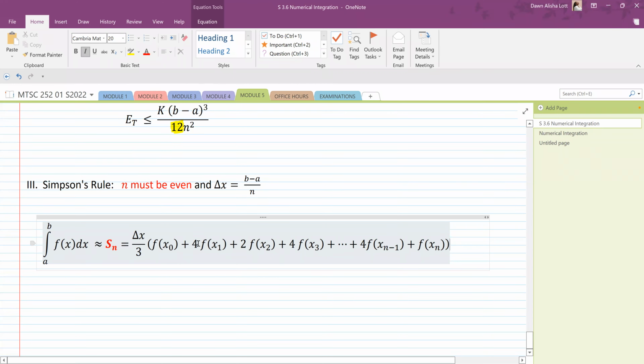The next one is multiplied by 4, then the next one is multiplied by 2. The next one is multiplied by 4, then the next one is multiplied by 2. And we do this all the way to the end. The second to the last one is multiplied by 4. And then again, the last one appears by itself.